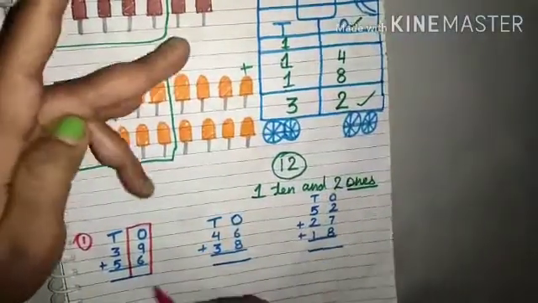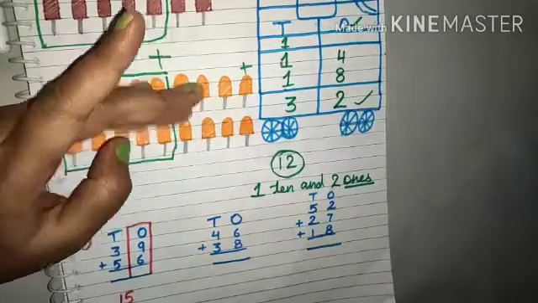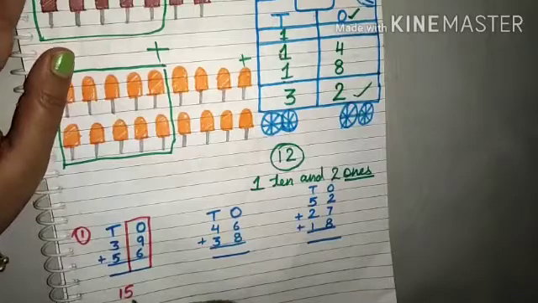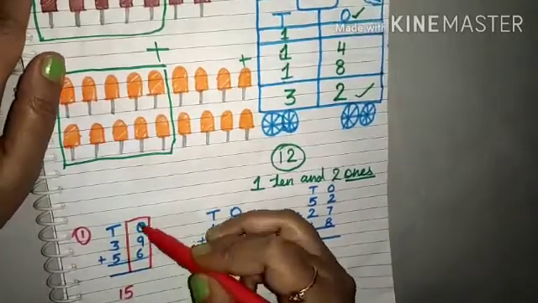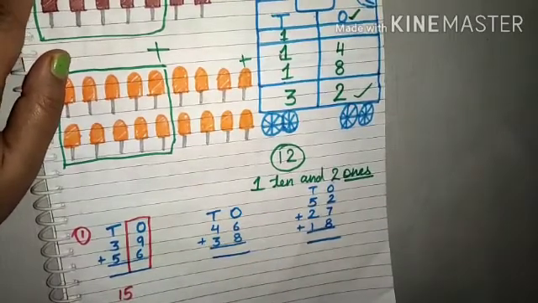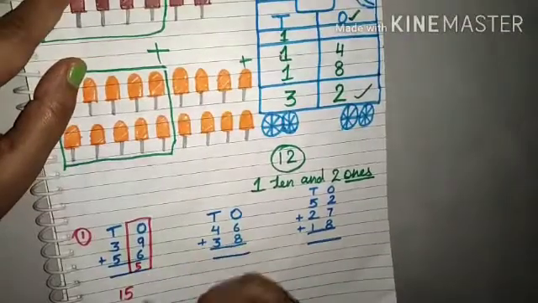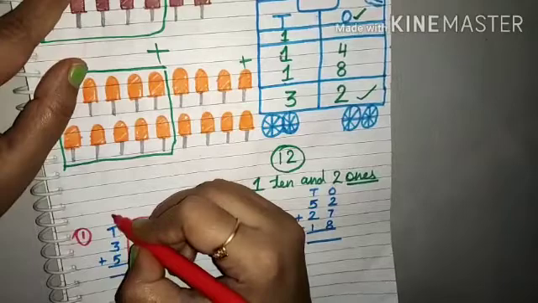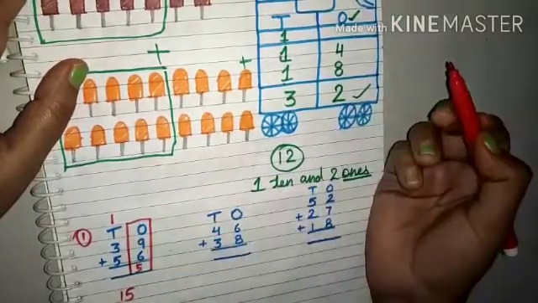So I got 15 in one's side, है ना. one's कॉलम में जब मैंने एडिशन किया 9 और 6 का तो मुझे क्या मिला? 15, है ना. So only 5 I can write here and 1 will be carry over to tens group.